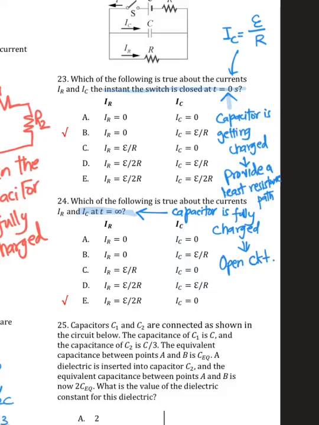Open circuit means its resistance will be infinite. There will be no current in the capacitor, so IC will be 0. And all the current is going to go through the resistor.